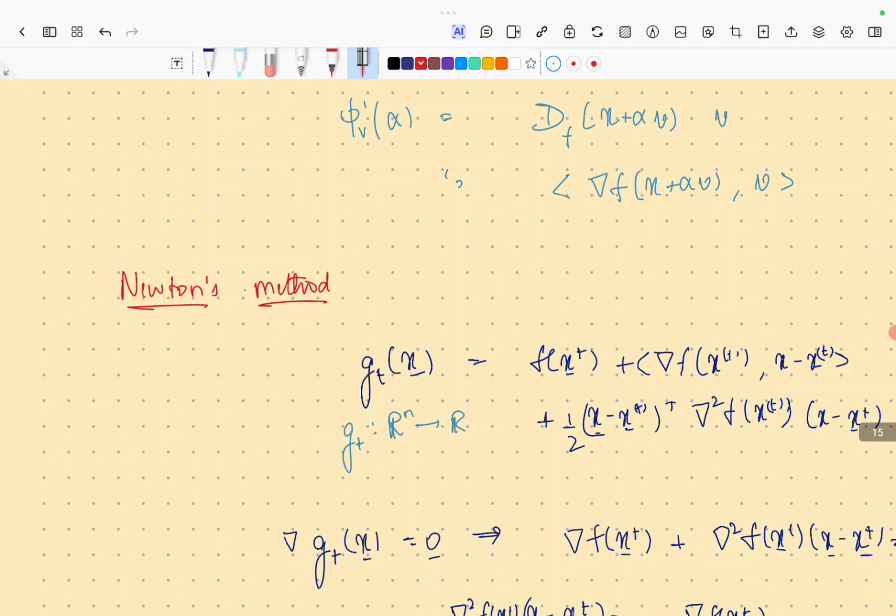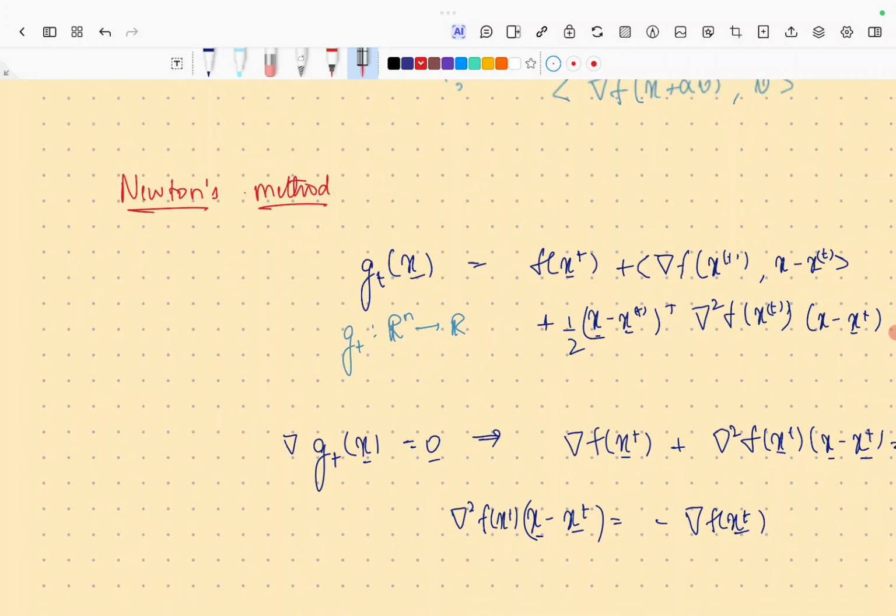Okay, and we saw a completely different approach, wherein you have not just first order information, but you also have second order information of the function at every point. So you have access to a zeroth order oracle, a first order oracle, and a second order oracle. You can compute the function, you can compute the gradient and the Hessian at every point.